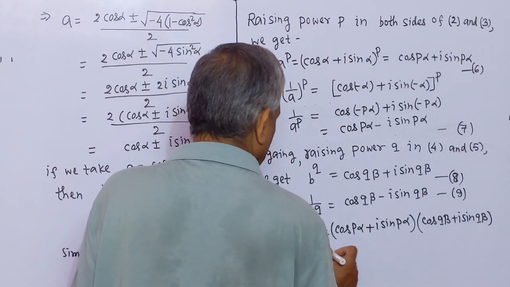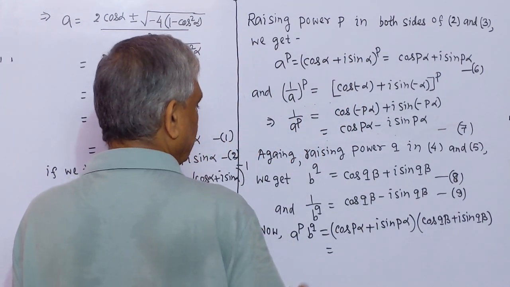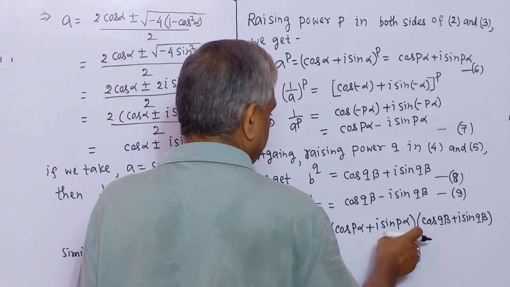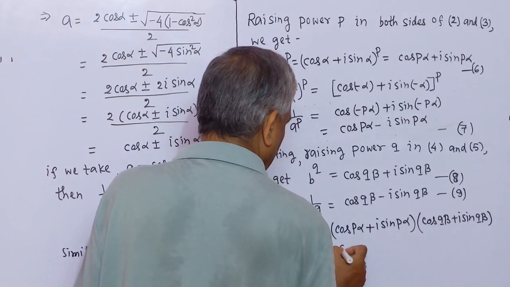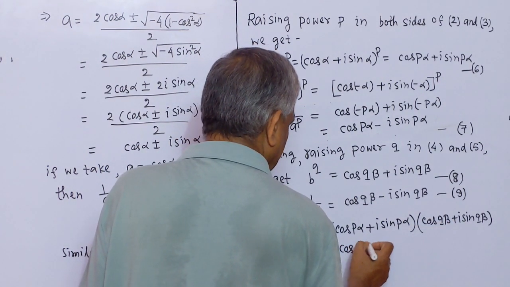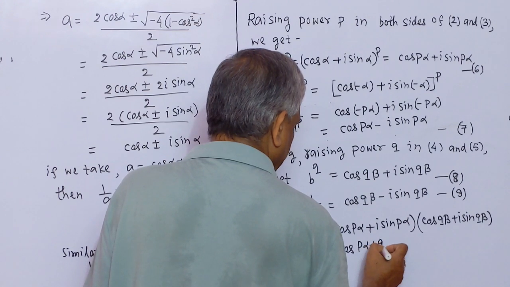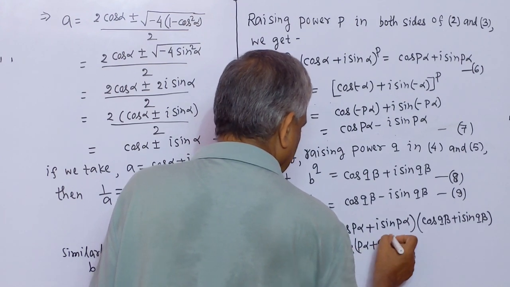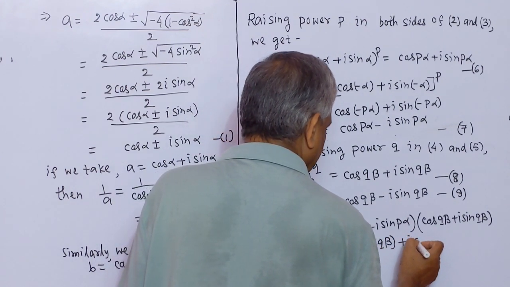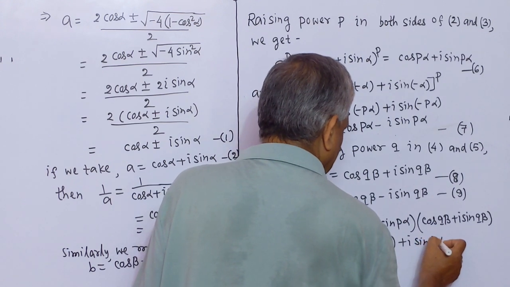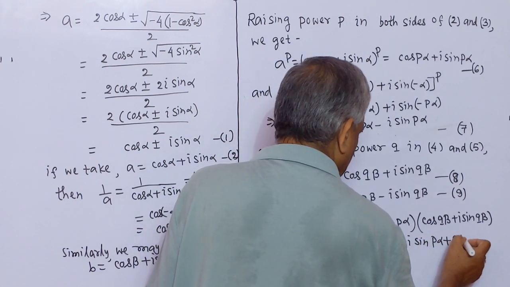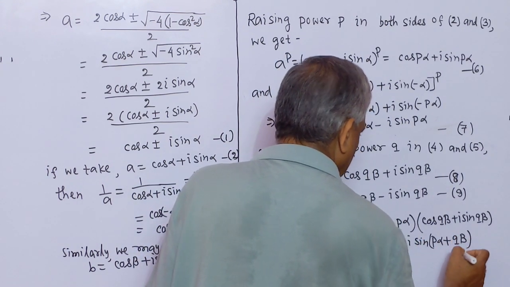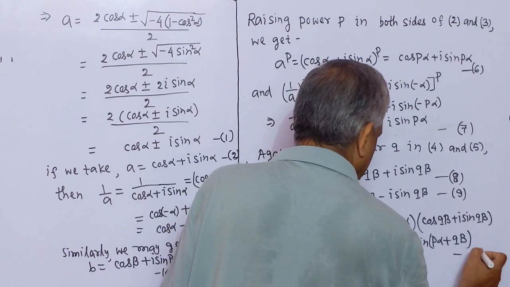Using De Moivre's theorem for the product of two factors, this is cos(p alpha plus q beta) plus i sin(p alpha plus q beta). This is number 10.